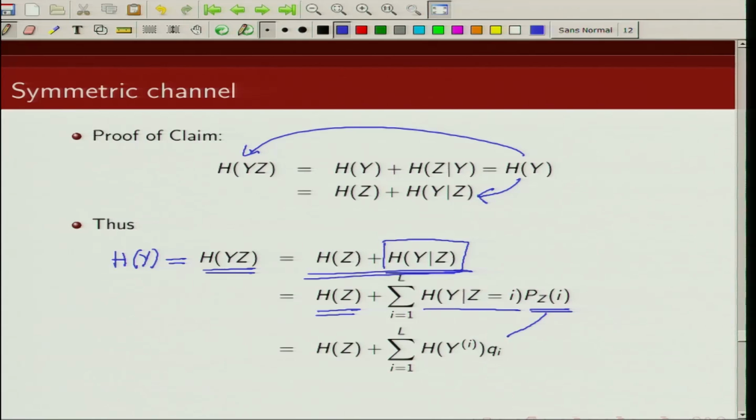Now this term is given by qi, and this uncertainty: given that I have selected ith channel, I know the output is yi. So I can write uncertainty in y given z is i as uncertainty in yi. So then I can write this expression as h of z plus summation of h of yi into qi, and sum over all L such channels.